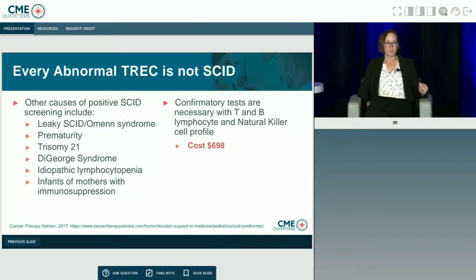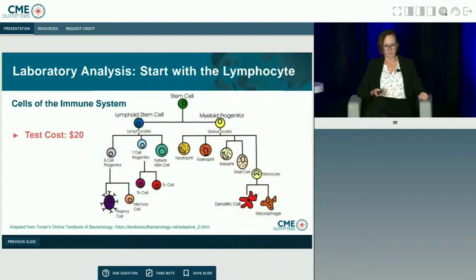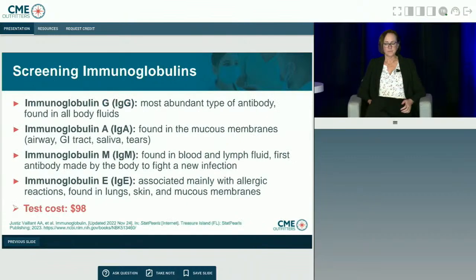When a TREC is abnormal, there are confirmatory tests that are necessary to evaluate the lymphopenia. These tests are expensive, but they are available to be ordered through primary care. So a T and B cell panel, I'm going to go back one more, sorry. This panel is nearly $700. But with an abnormal TREC, it is your next step.